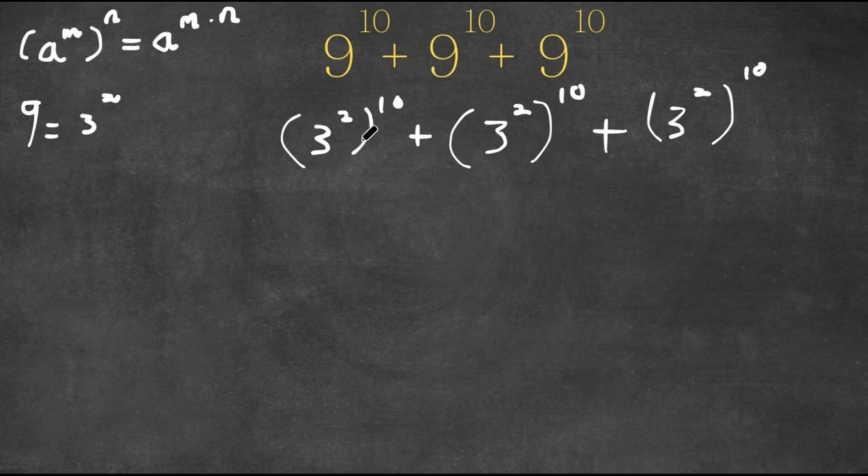And now, as you can see, all three of our terms are in the form a to the power of m to the power of n, and remember that is equal to a to the power of m times n. So this would equal 3 to the power of 2 times 10, and the same goes for the other two.